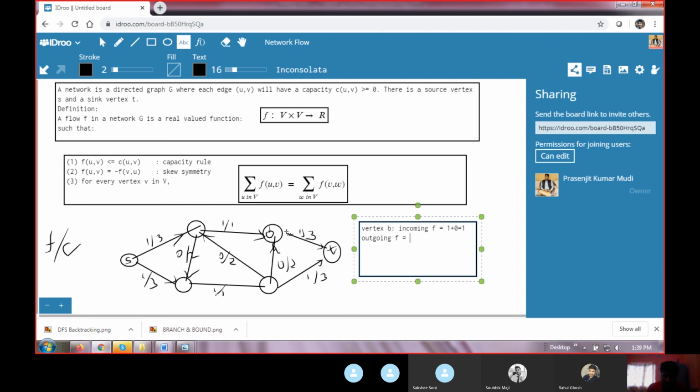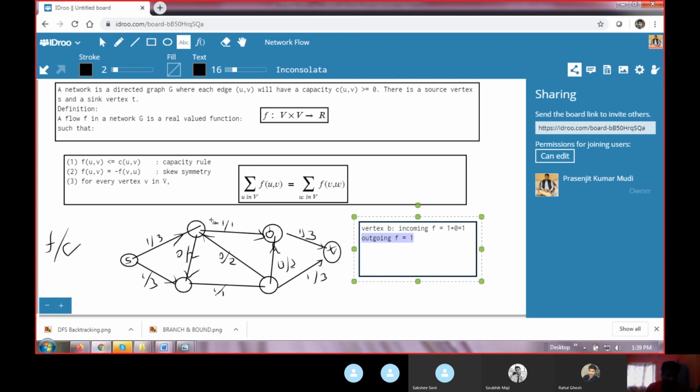No other outgoing edge is present for vertex B, and the flow on it is only 1. So the left hand summation denotes the incoming flow for any vertex, and the right hand summation denotes the outgoing flow. You see the incoming flow summation is 1 and the outgoing flow summation is 1. These have to be equal for every vertex present in the graph.